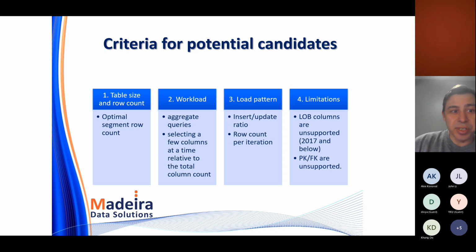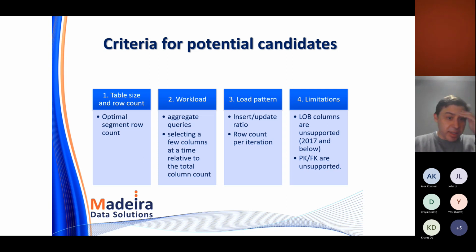Columnstore indexes offer just crazy levels of compression. So that's why I have a lot of clients that use Columnstore indexes for the archive tables that they don't query very often, and the only reason basically they wanted to convert them into the Columnstore is to save crazy amounts of storage. So that's the first criteria.